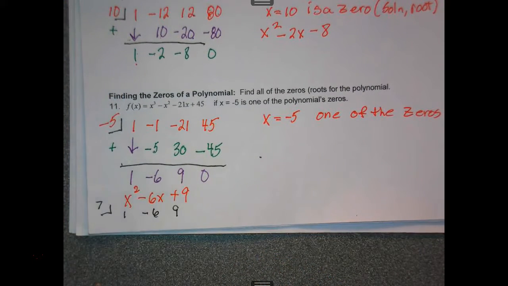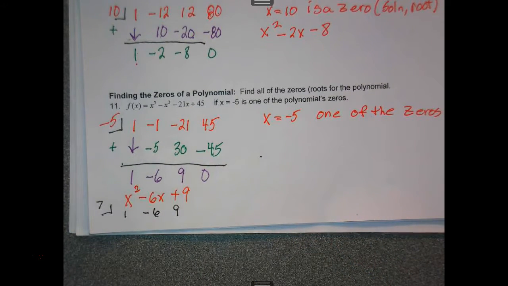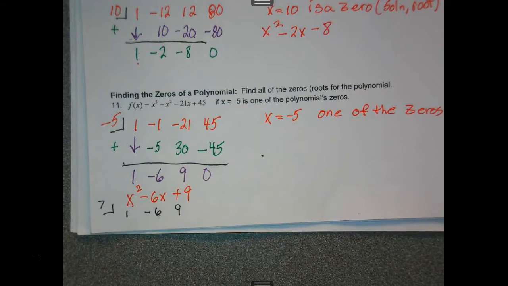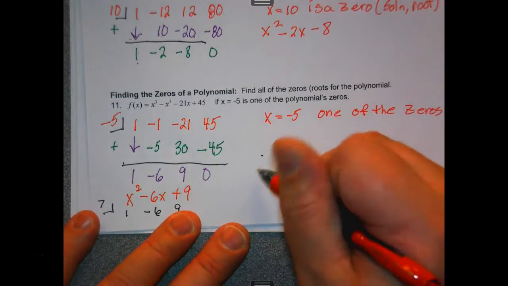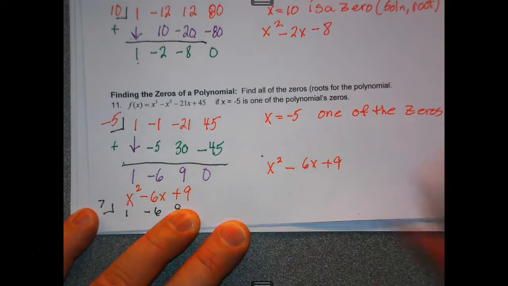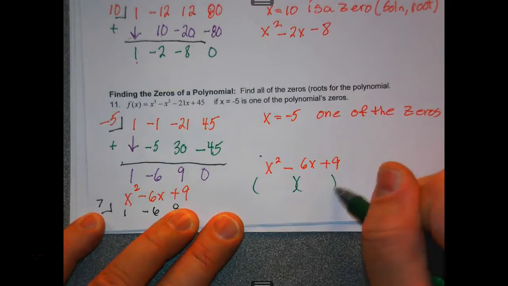Why 7? Well, we've got to find all the zeros for the polynomial. It says find all the zeros. So we could sit here and start picking numbers left and right. What's going to be a better method, factoring? Hey, quiet. What are my factors of this polynomial?